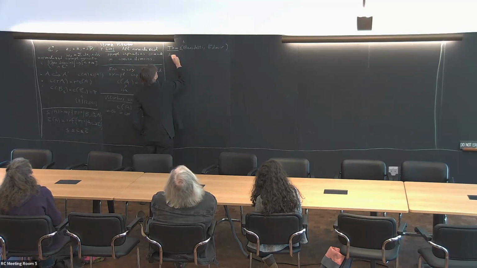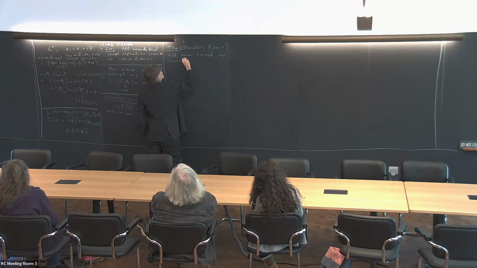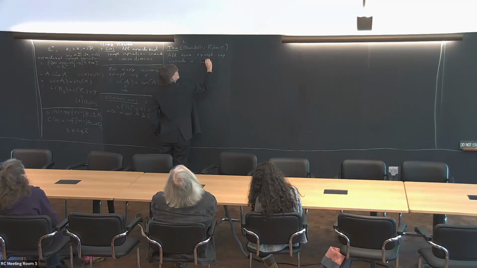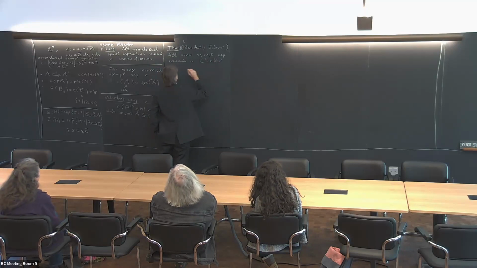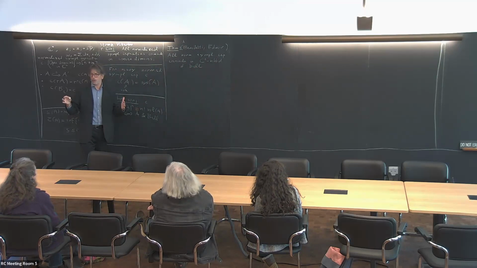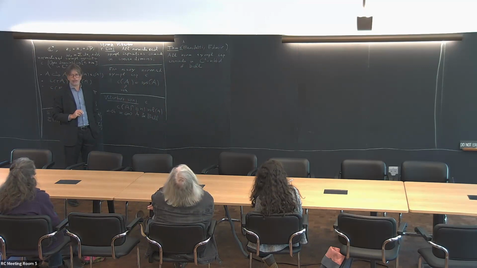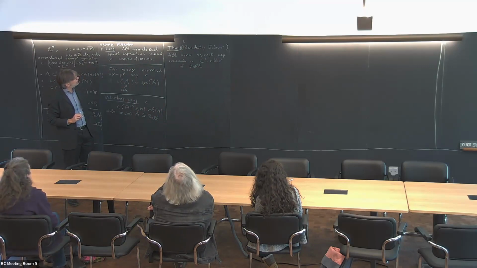So all normalized symplectic capacities coincide in a C2 neighborhood of balls. Okay, so we're talking now about smooth domains. If this domain is C2 close to a ball, then the thing is true.